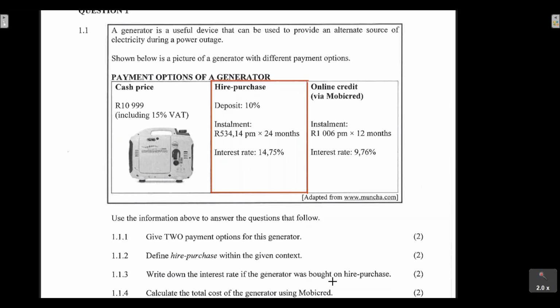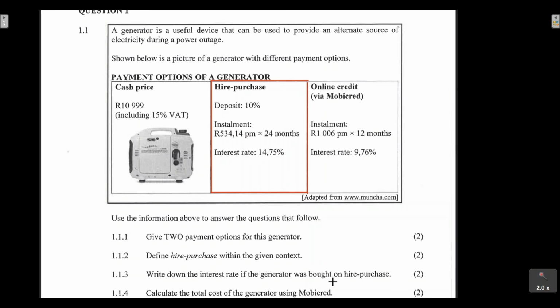So we'd say a hire purchase agreement is a financial agreement between the shop and the customer where the customer agrees to make a deposit of 10% and to pay 534 rand and 14 cents per month for 24 months towards the payment of the generator.